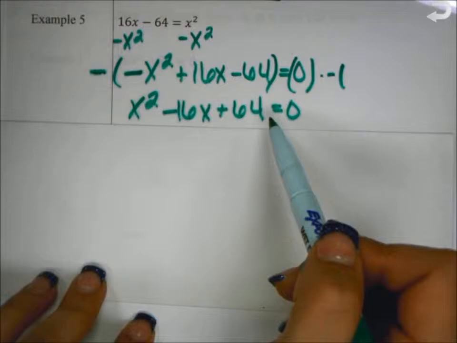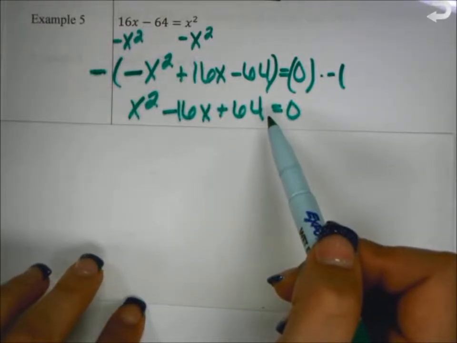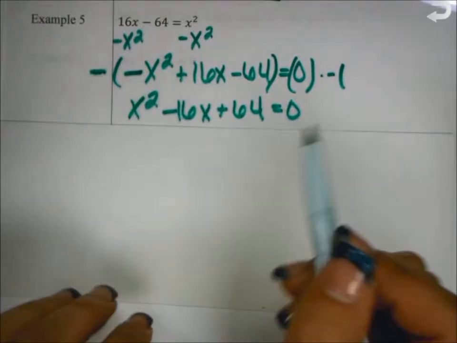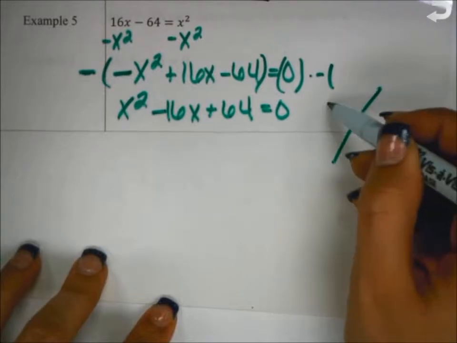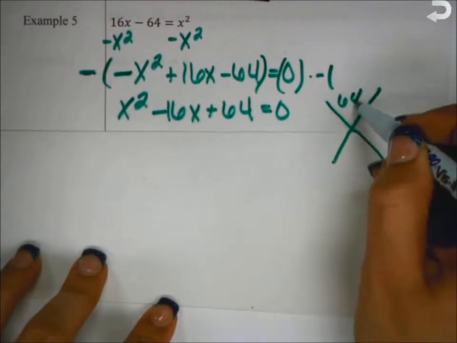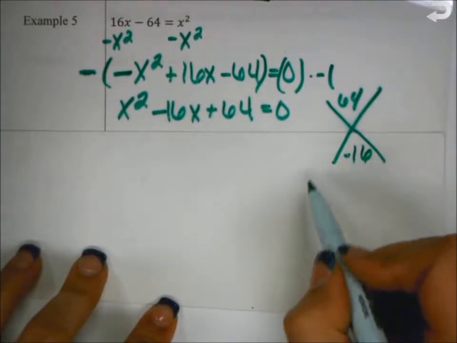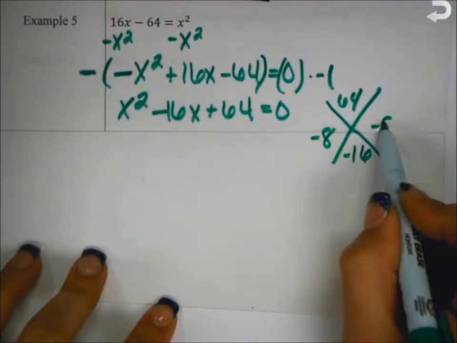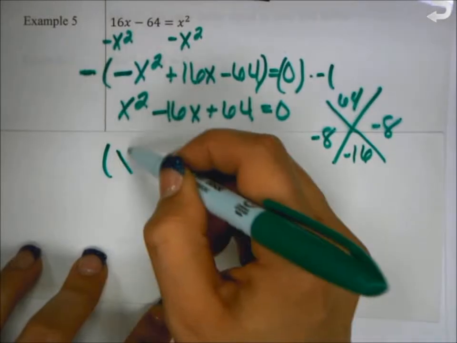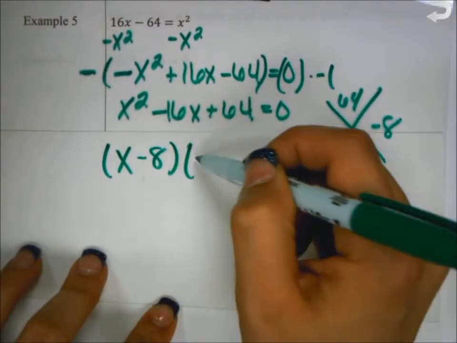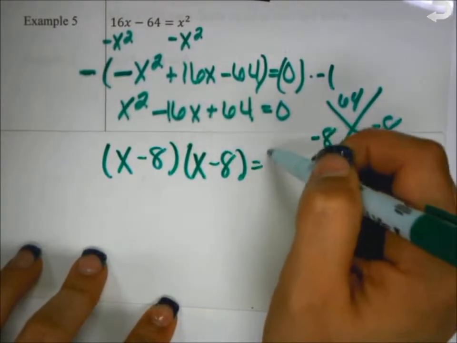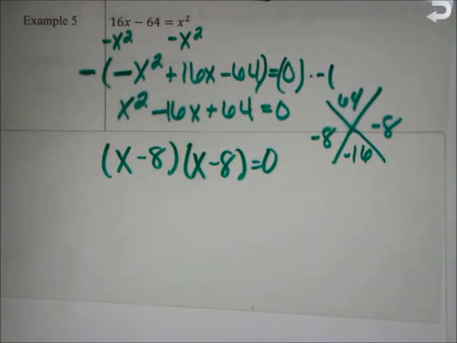Yeah. So two terms that multiply to 64 and add up to negative 16. Negative 8 and negative 8, so let's factor. X minus 8 times x minus 8 equals 0. What are my two terms here? X minus 8 and x minus 8.